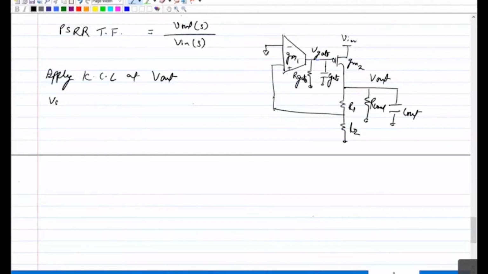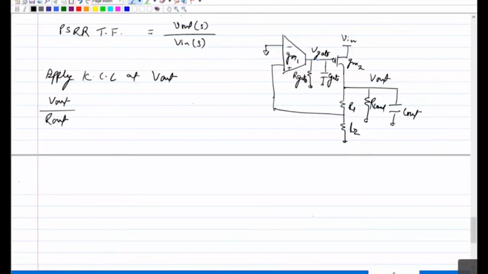So V out divided by R1 plus R2, let me just call it R out. The total resistance at the output is R out, I'm assuming.